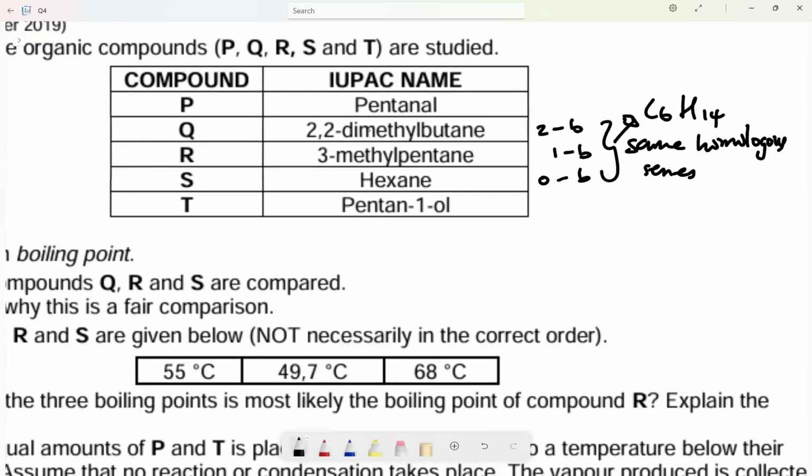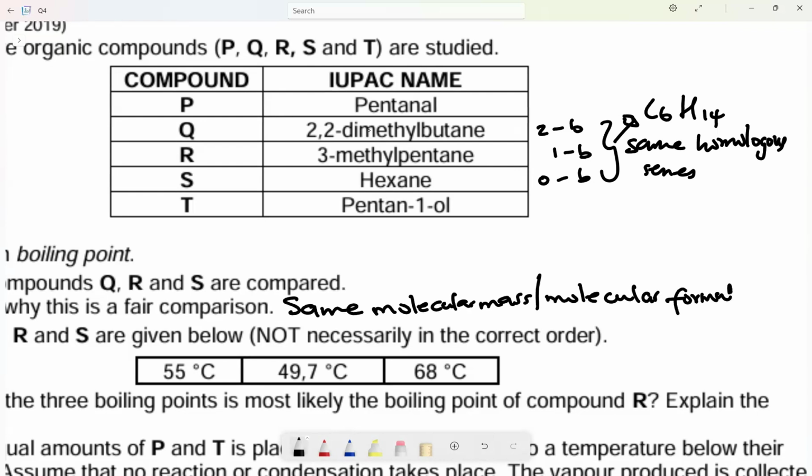So now it is fair. Why is it a fair comparison? Because they have the same molecular formula, they have the same molecular mass. How interesting is that?